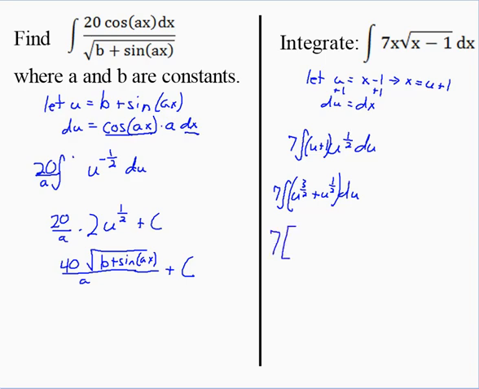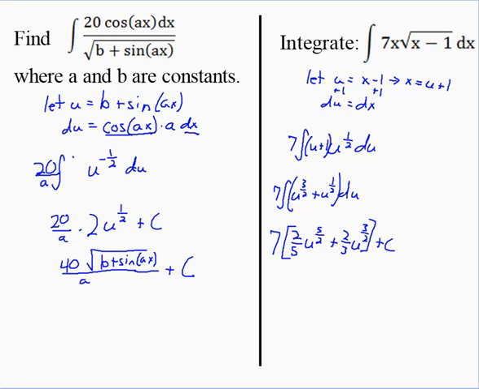We have 7 times u to the 5/2 with a coefficient of 2/5 plus u to the 3/2 with a coefficient of 2/3, and plus c. And we need to plug u back in, or our value for u, x minus 1, into here.